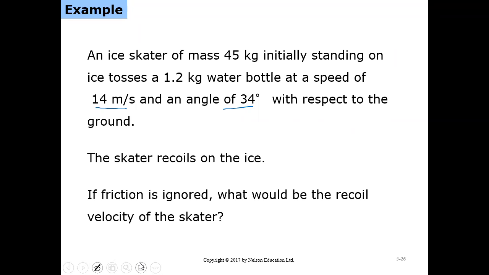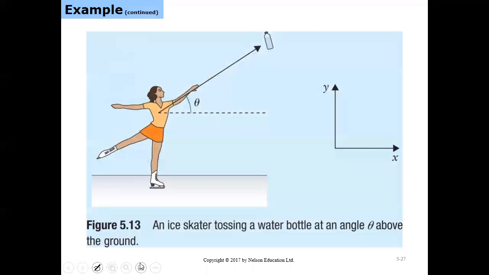So now we have a tool, the physics principle, to solve some practical problem, an everyday problem. So let's see how it is done. This is the skater, she's throwing the bottle and the bottle has a speed, given to us as 14 meters per second, but she is not throwing vertically up or horizontally, but in between.